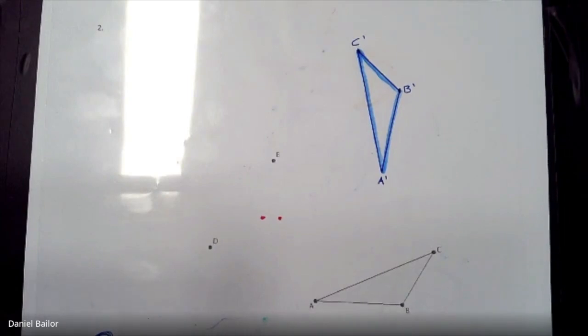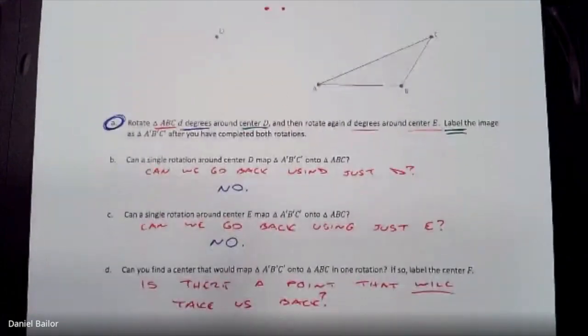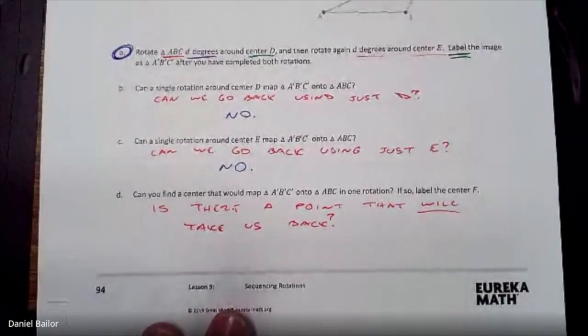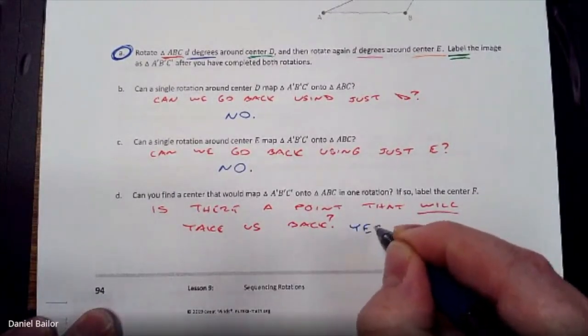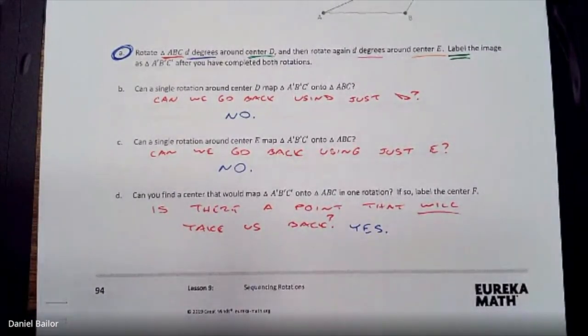But the important point of today is not how to find the point that will take you back. That is something you will learn in high school geometry, how to find point F. Because is there a point that will take us back? The answer is yes. But right now in 8th grade, you just have to try.